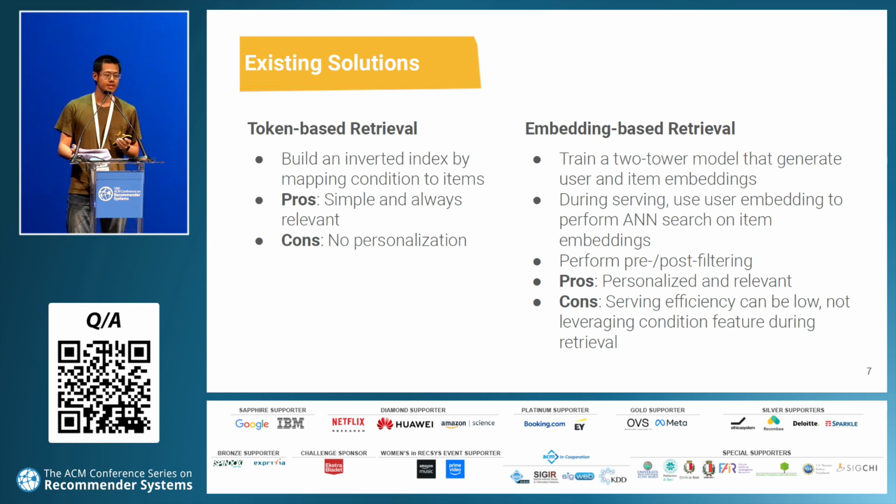The benefit is that it's personalized and could be relevant after filtering, but the filtering itself is really inefficient at serving time, and it does not encourage feature interaction between the user and condition when we're modeling this scenario.